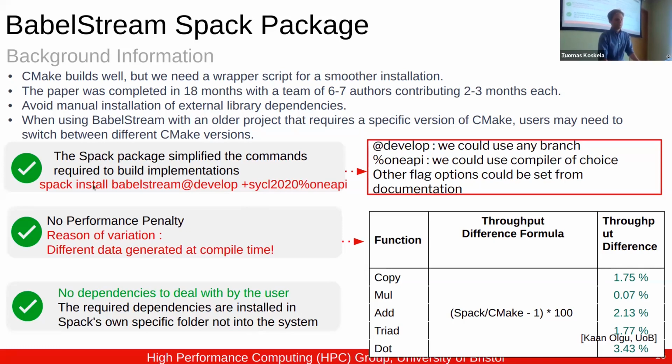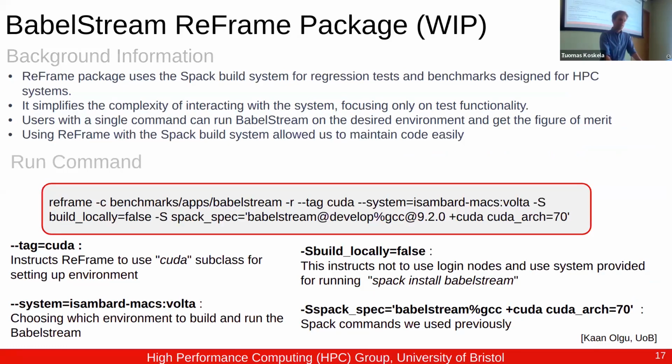So you can say install BabelStream using the SYCL 2020 variant and compile it with oneAPI, or compile it with CUDA, or compile it with whatever SYCL compiler, and it gives you access to this whole table of different programming models. That works fine. It doesn't have any difference in performance to their own CMake build systems, so that's fine.